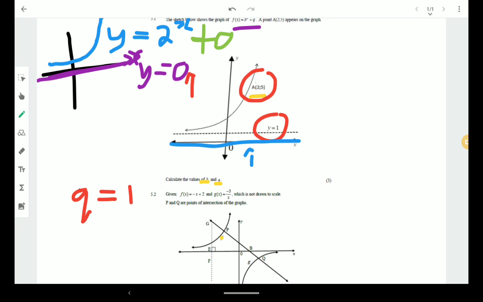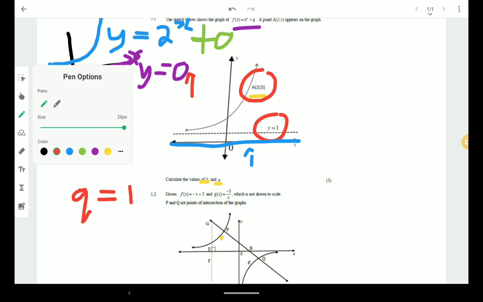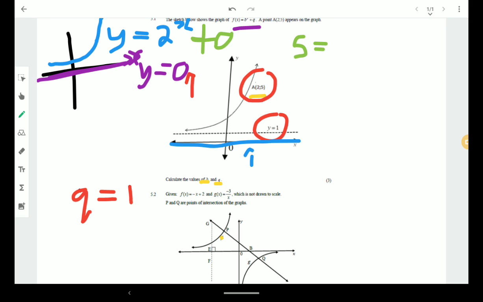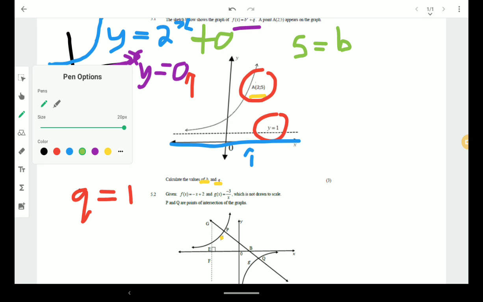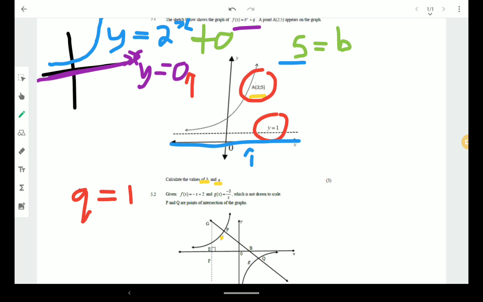So whenever we see f(x), we substitute 5. That means we say 5 = b to the power of 2, because when y is 5, x is 2. It is given there.